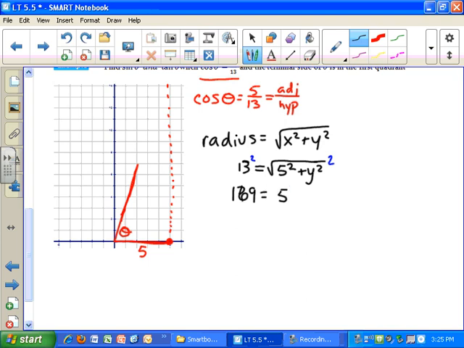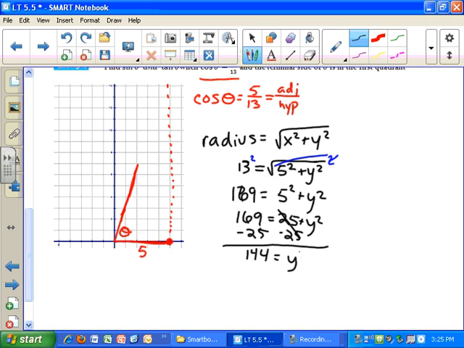We got rid of the square root symbol. When we squared, that canceled it out. So now we've got 169 equals 25 plus y squared. Subtract 25 from both sides. And we end up with 144 equals y squared. To solve for y, we just have to do the square root to cancel out the squared. And we get that y is going to be 12.